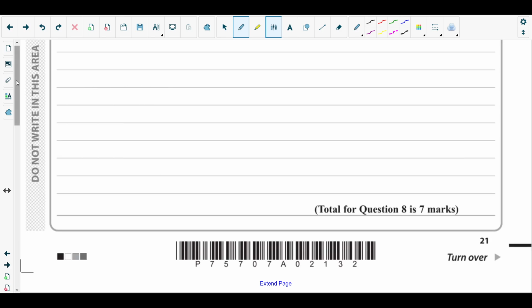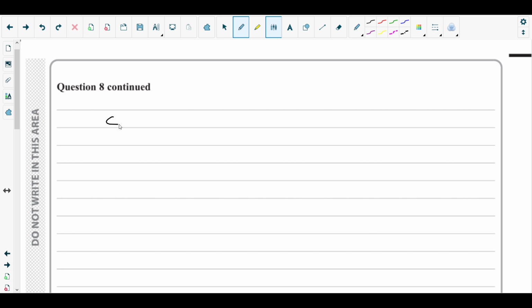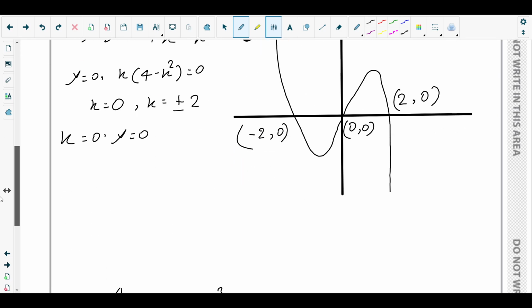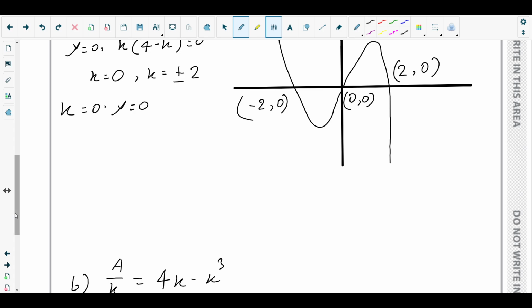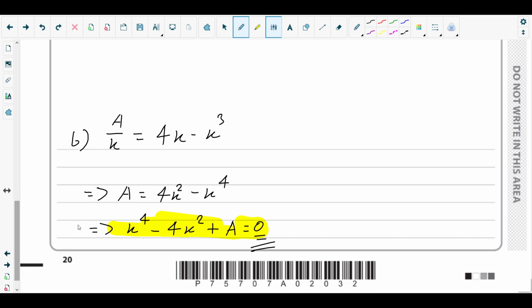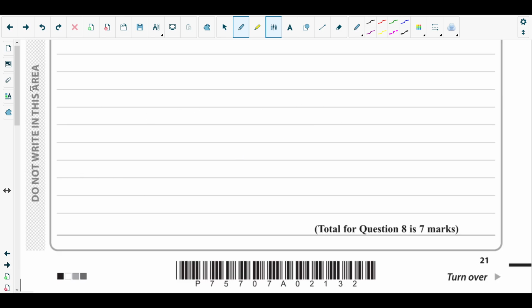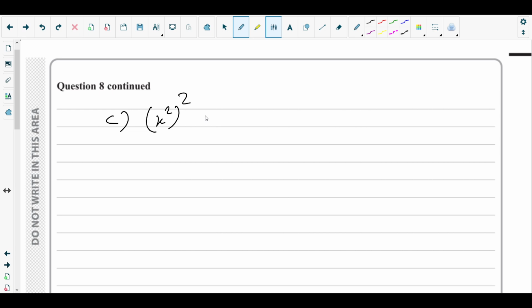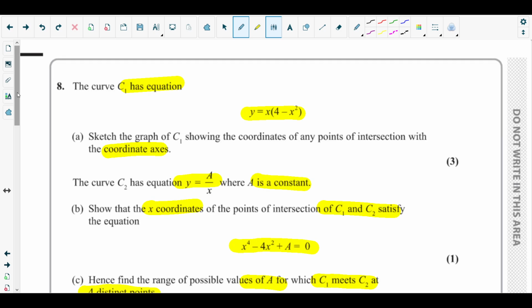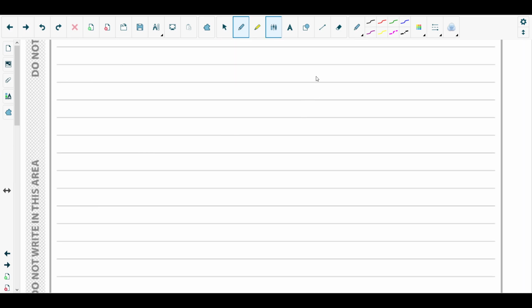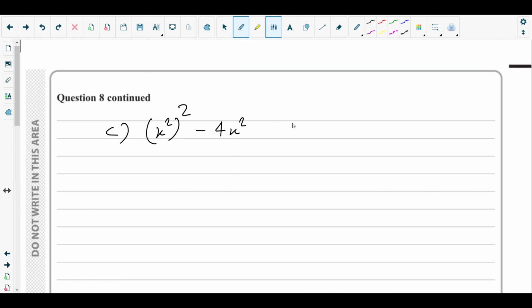For part C, we will write (x squared) whole squared, minus 4x squared, plus a, equals 0.